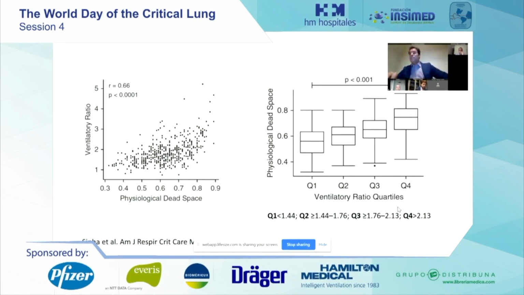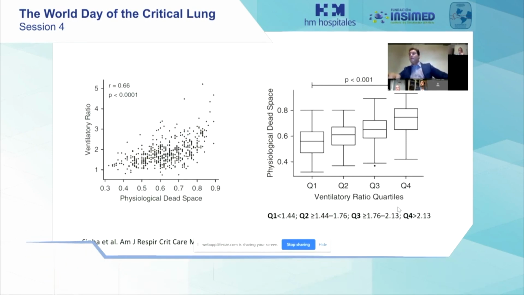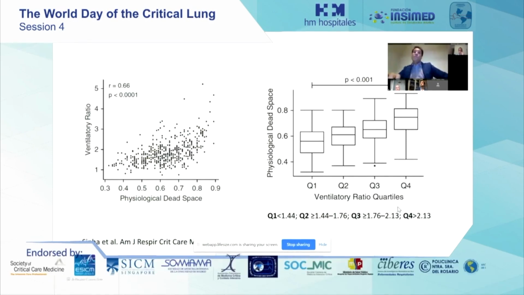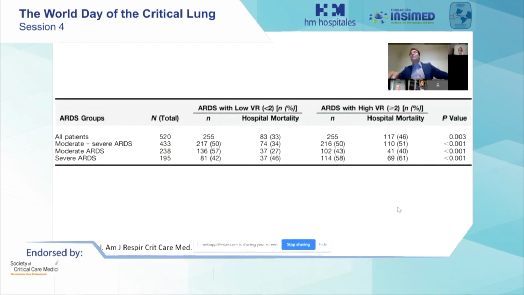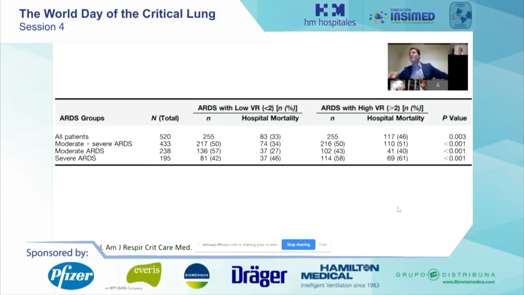On the right side, when split into ordinal quartiles of VR, VD/VT, physiological dead space, shown here on the Y-axis, was significantly higher in each sequential VR quartile. Also, they found that a high VR, defined with a cutoff value of greater than or equal to 2, was significantly higher in those patients with more severe forms of ARDS.